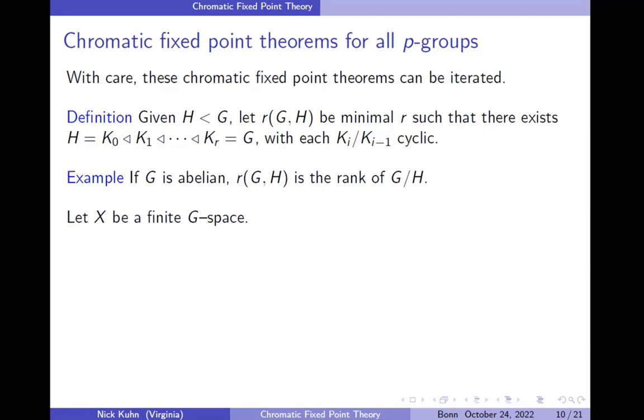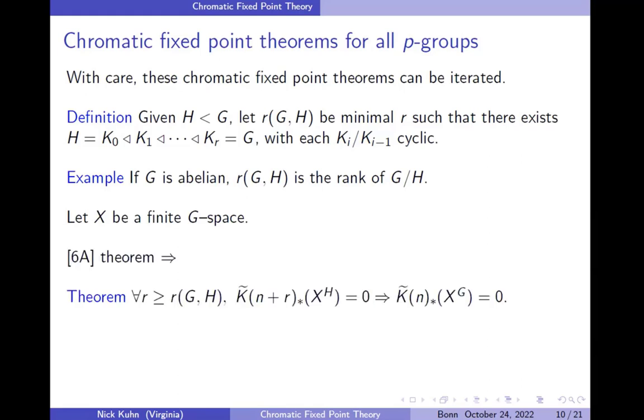So here's what you get by iterating the theorem I gave you, just like I iterated the Smith theorem at the beginning. The 6 author paper, the Chromatic Smith theorem, tells you if r is bigger than this number, and you have a finite G space, and it's acyclic in n plus r Morava K-theory, then the fixed points are acyclic in the nth Morava K-theory.